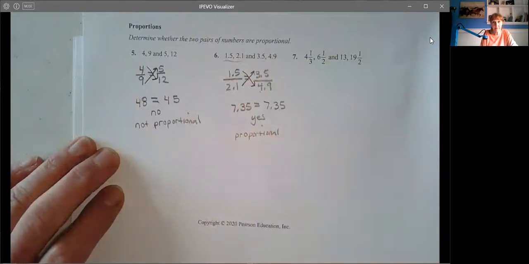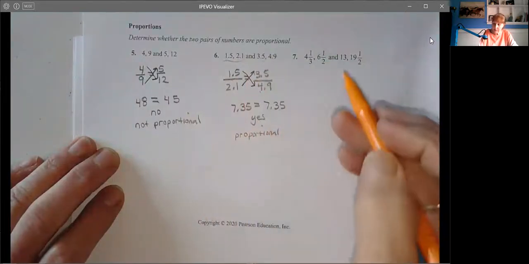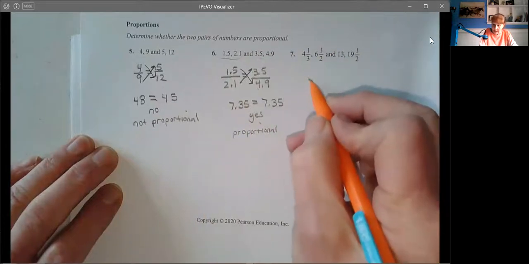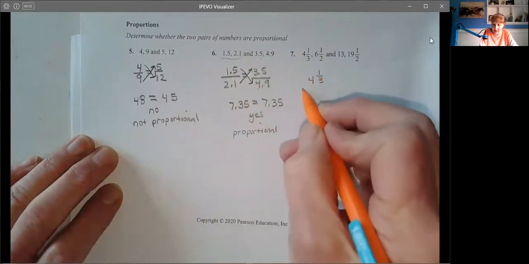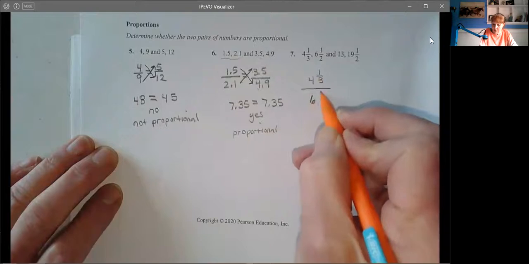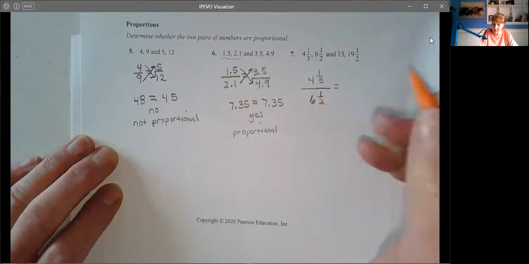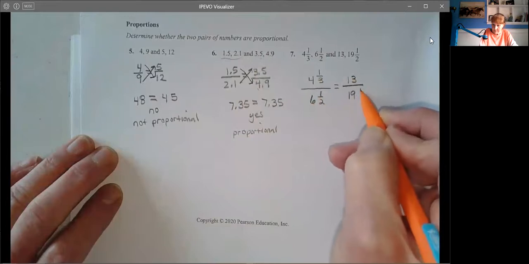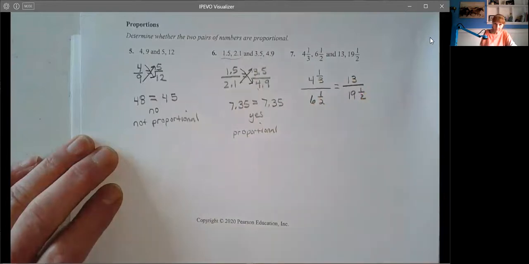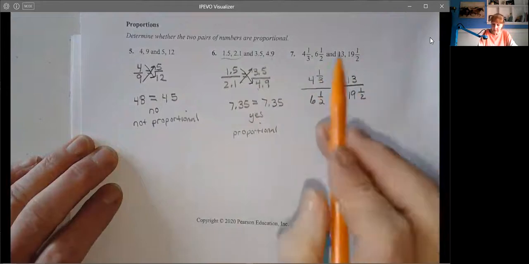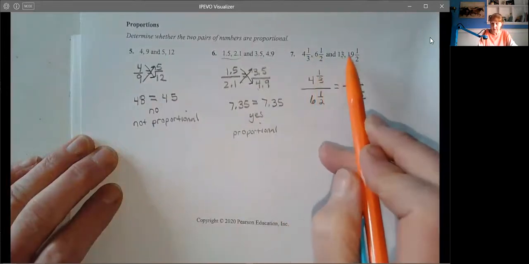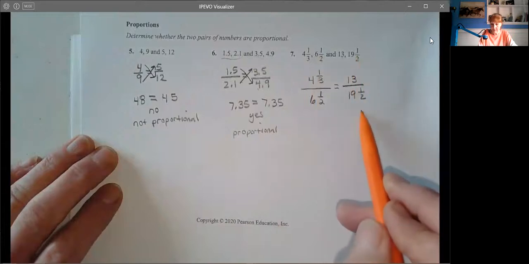Now this one right here, we can go ahead and set it up. And if nothing else, it's a great review for multiplying fractions. So I set up my proportion, first number numerator, second number denominator, first numerator, second denominator.